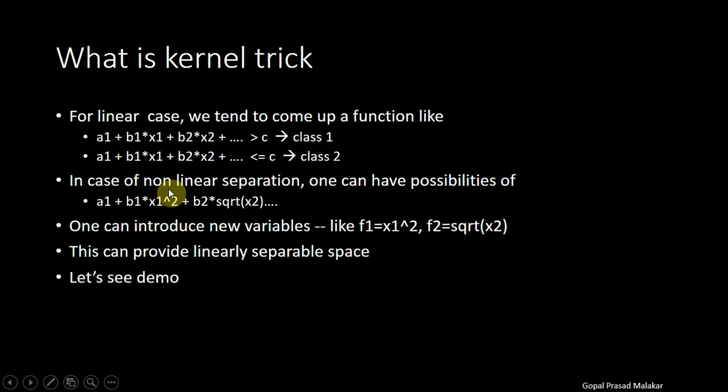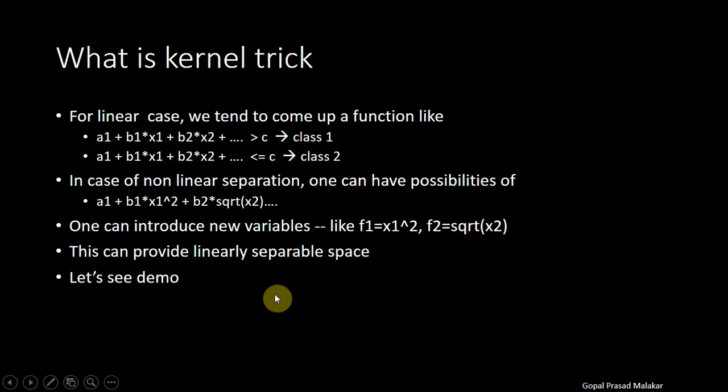In case of non-linear separation, probably you do not have directly x1, x2, probably you have x1 square or square root of x2. And that's where lies the trick of kernel. In fact, you can introduce new variables, new features like f1 equal to x1 square or f2 equal to square root of x2, and that can separate this non-linear space into linear space.